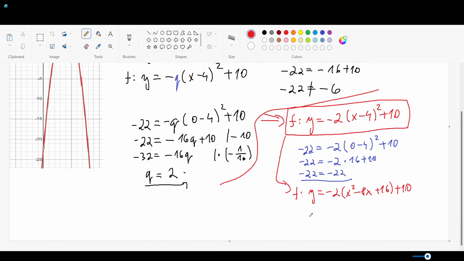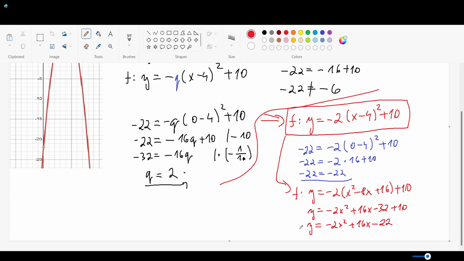So my function will be negative 2x squared plus 2 times 8, which is 16x. Okay, let me do it in real detail. So my final function will be negative 2x squared plus 16x take away 22.